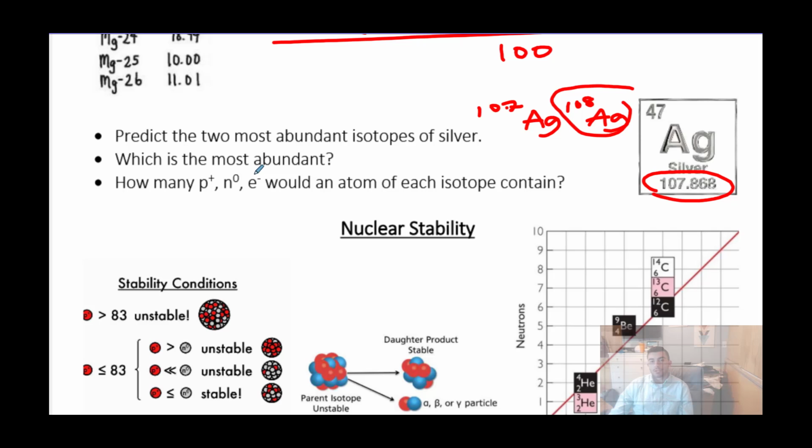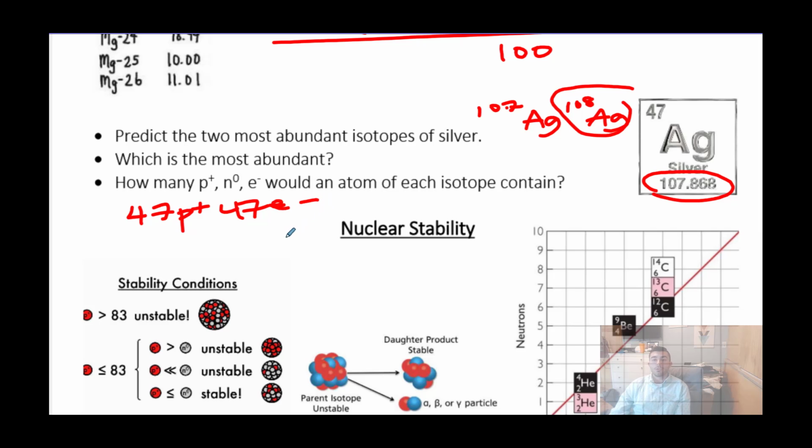How many protons, neutrons, and electrons would each of those isotopes contain? Well, the periodic table comes in handy for helping me figure out the protons and electrons, because as long as it's a neutral atom, the number of protons and electrons are going to be the same. So that would be 47 protons and 47 electrons in each one.